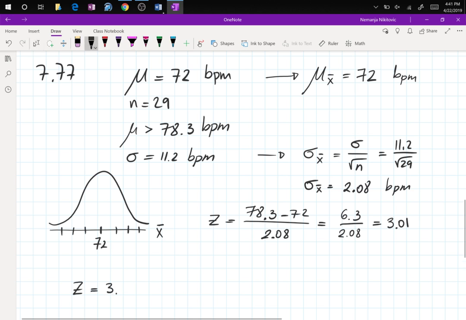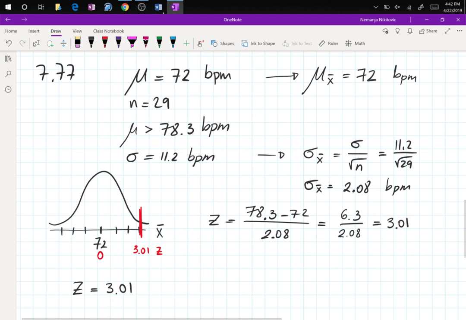Now, guys, that's all the way here, right? That's where the z-score of 3.01 is on a z-scale, because on a z-scale 72 is where the 0 is. So now they're asking for the probability larger than 78.3. Well, we calculate the area to the left because that's what the z-score chart gives us, and then subtract from 1.